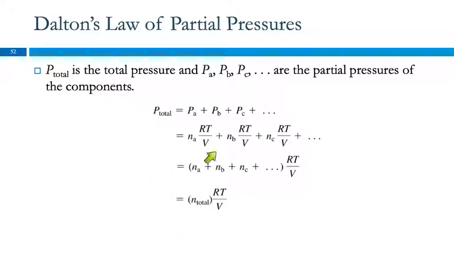And so we could call the sum of the moles the total number of moles. And so we can say that the total pressure of the gas is equal to the total number of moles times RT over V.